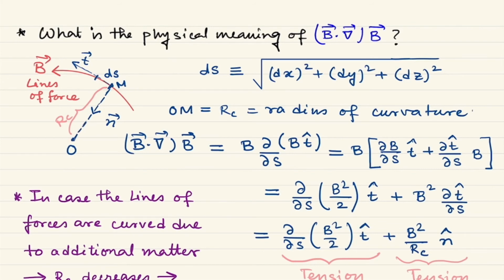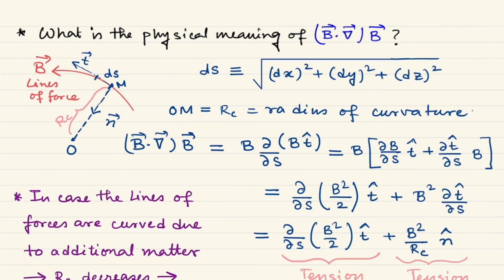Okay, now I write B dot nabla B and try to analyze this. What is this? This is nothing but the directional derivative of B in the direction of B itself, and this is again B times del S, because del S is the partial differentiation along this line of force.